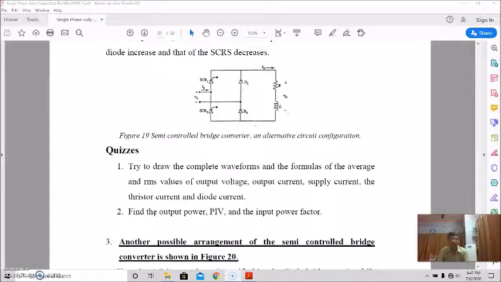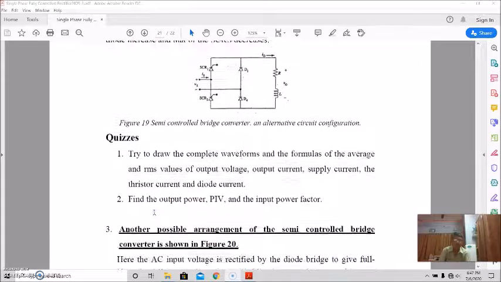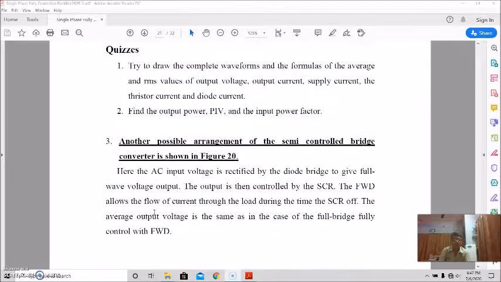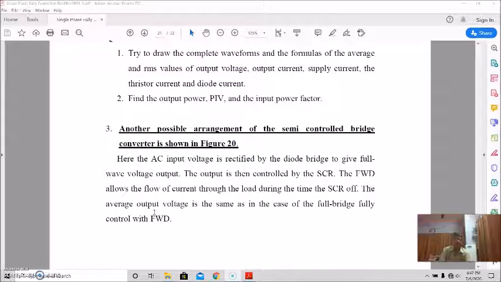Okay, and another possible arrangement of the semi-controlled bridge converter can also be done. What possible arrangement can be done? Well, this is something different actually.